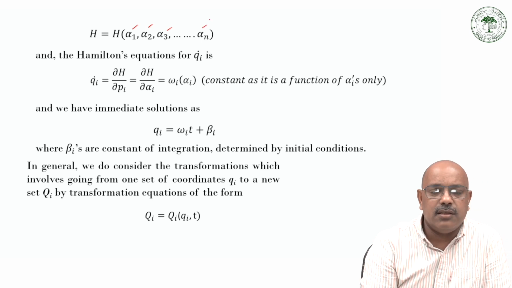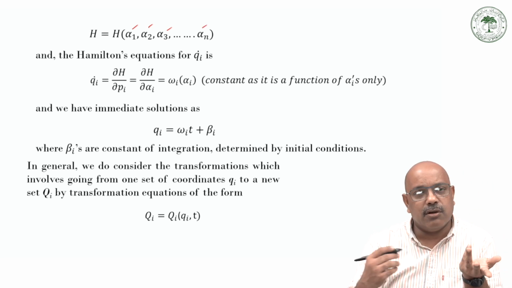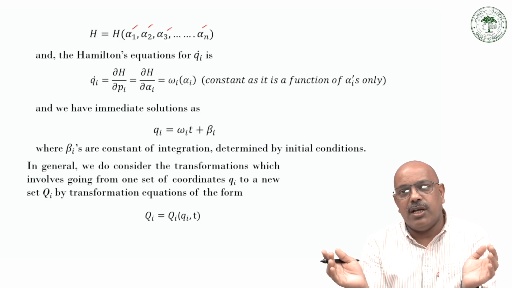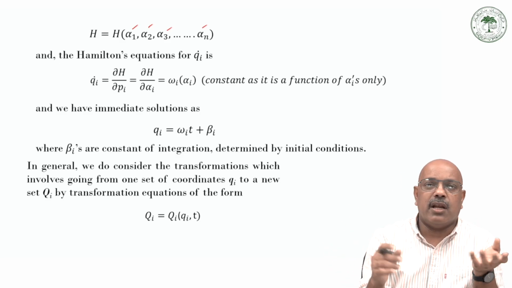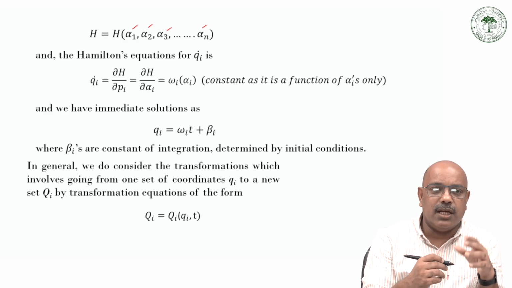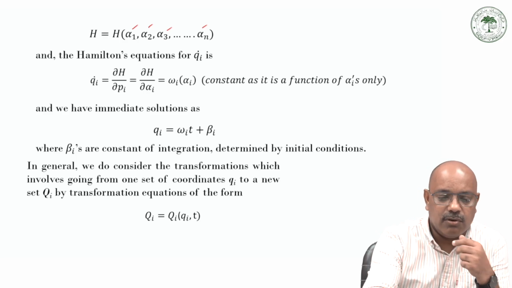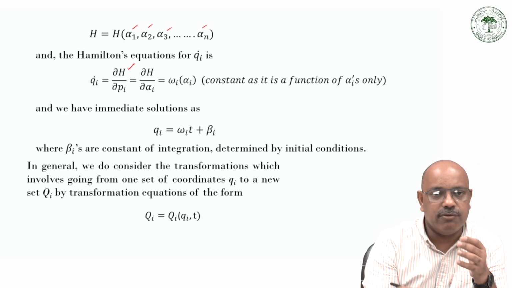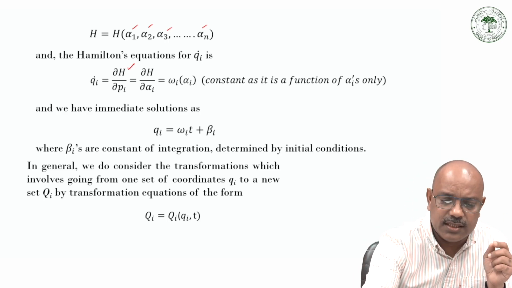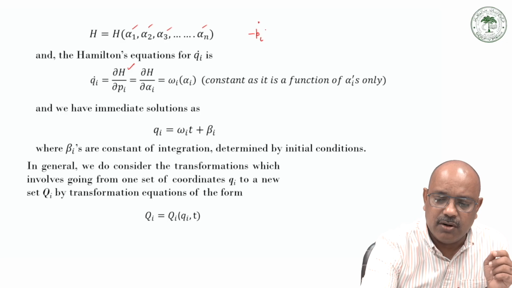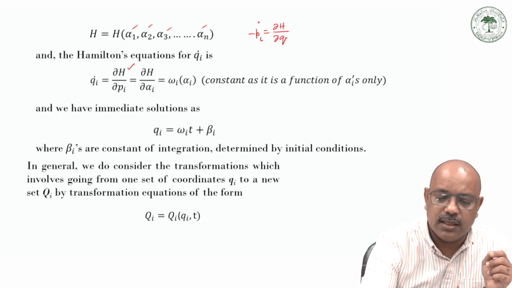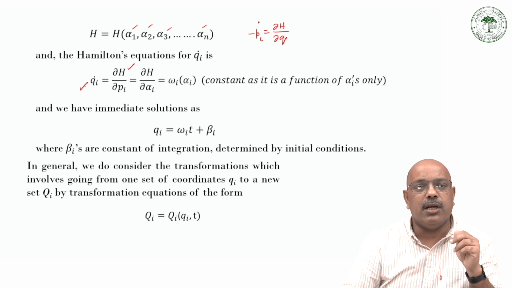These are basically the conjugate momenta, which are going to be constants of motion. That means the Hamiltonian depends on all these momenta, which are constant. And the Hamilton equations of motion, if you remember, are minus pi dot is delta H upon delta q, and qi dot is delta H upon delta pi.